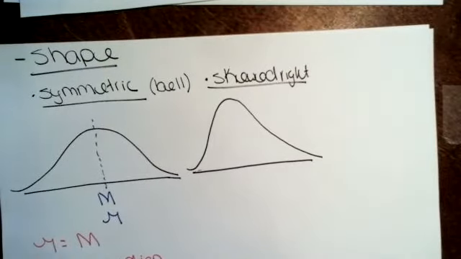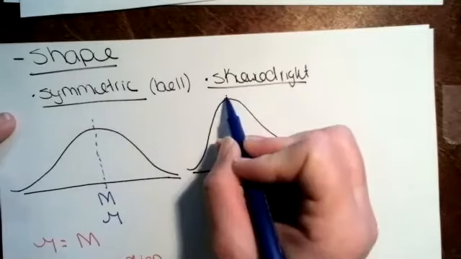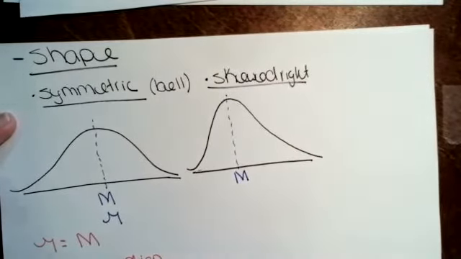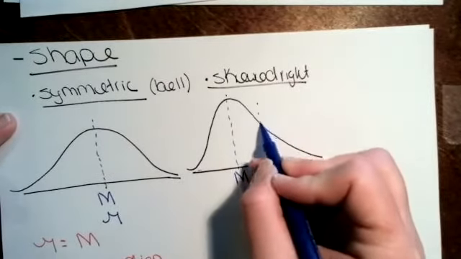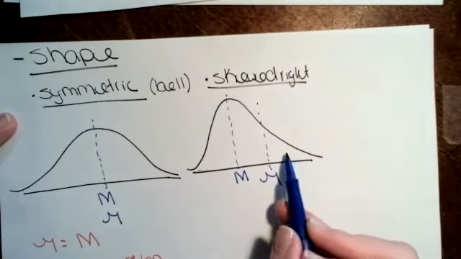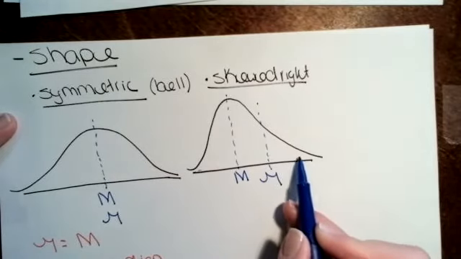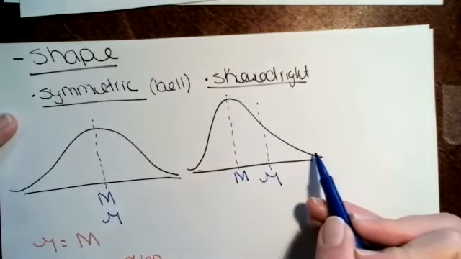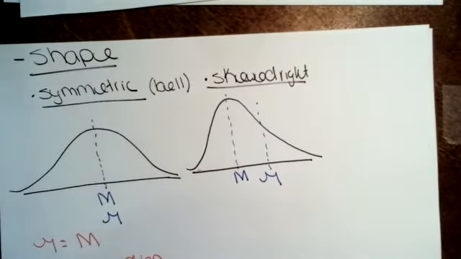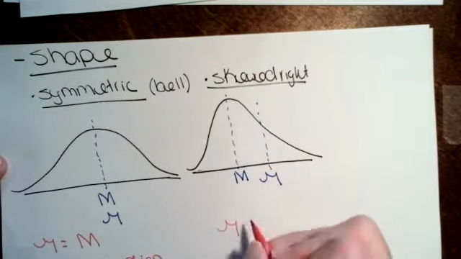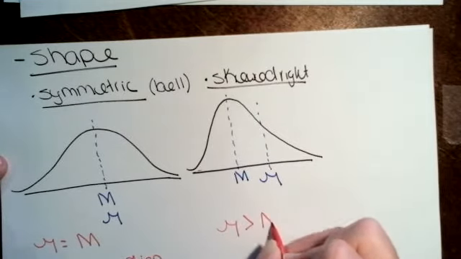But I want you to see that the median is still in the middle of the distribution, but now the mean has changed. It's no longer in the middle. The mean gets pulled with the skew, so the mean actually gets pulled to the right. In this case, my mean is to the right, so that means it's greater than my median.